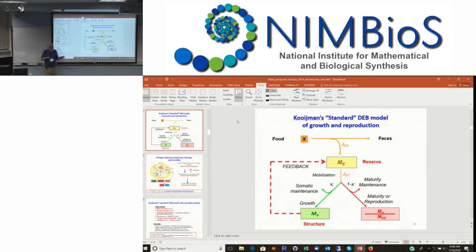Now, as an organism grows, for instance if it's exhibiting von Bertalanffy growth, then the maintenance costs increase faster with size than does intake, and hence mobilization.